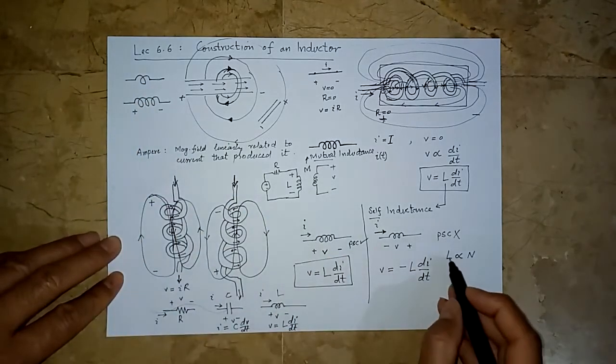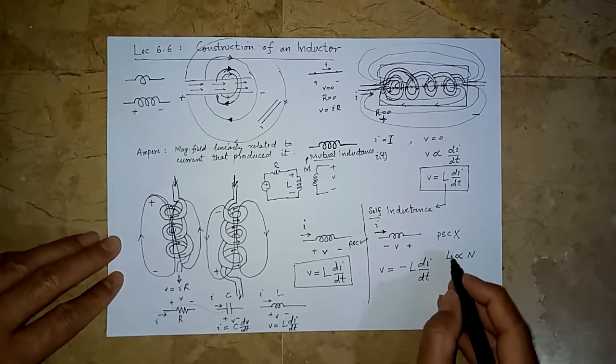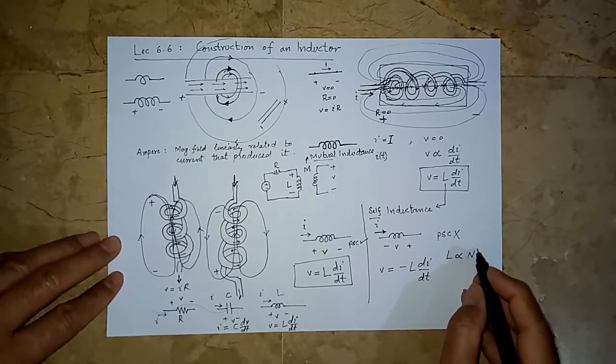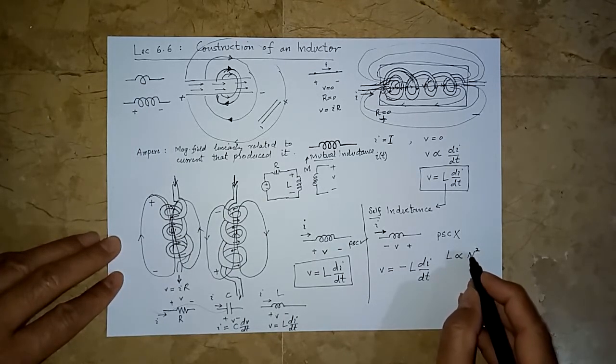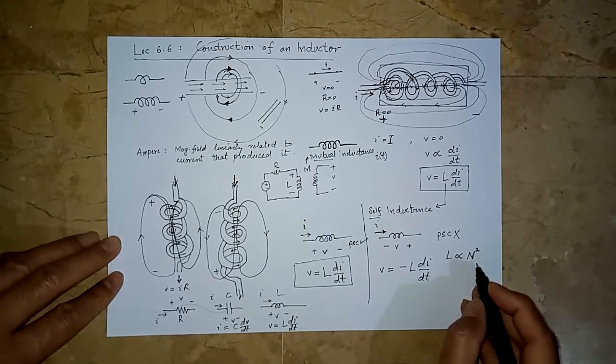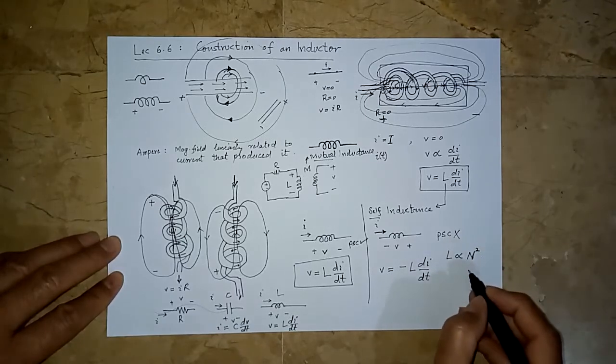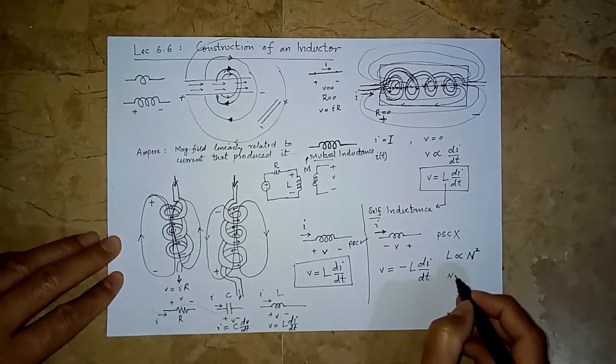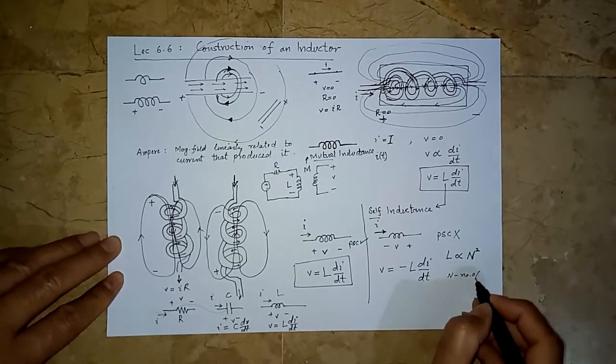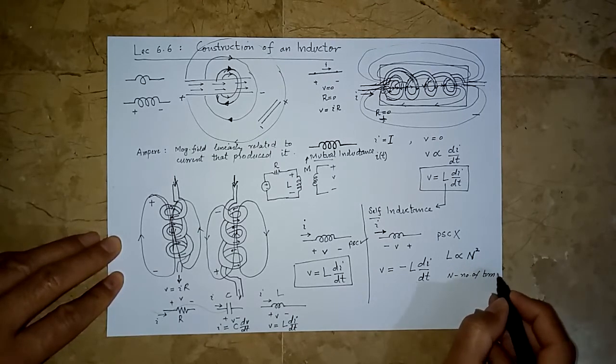So empirically it has been found that the inductance is proportional to the square of the number of turns, number of coils, number of turns is actually how we refer to this. So N is the number of turns.